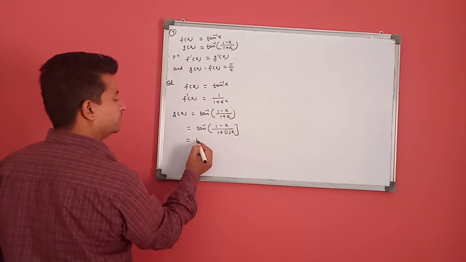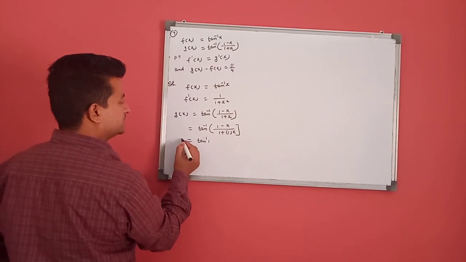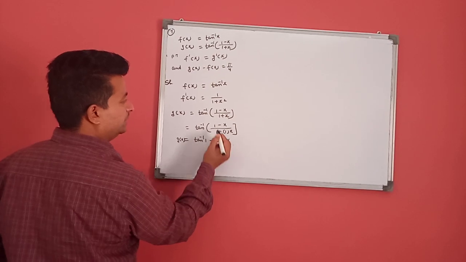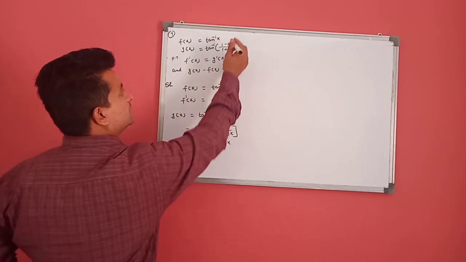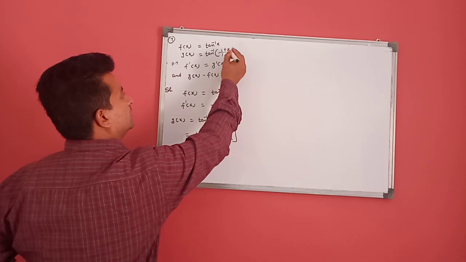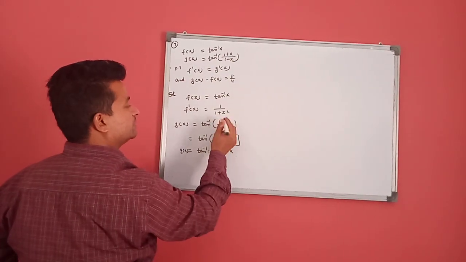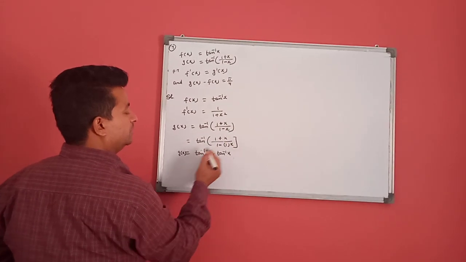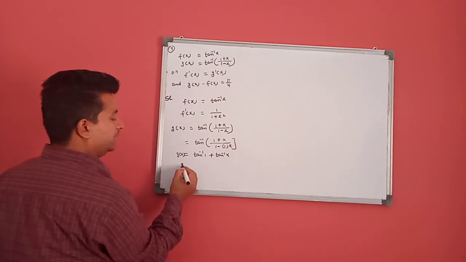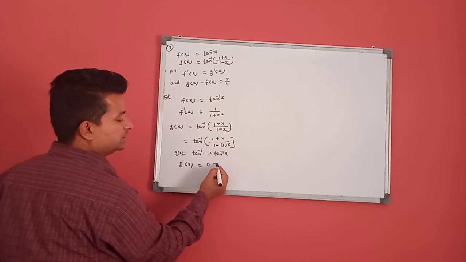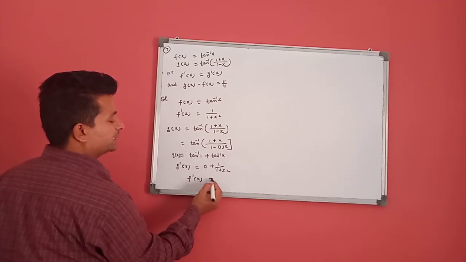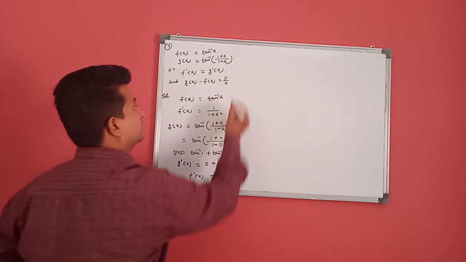So this is the formula again, tan⁻¹A minus tan⁻¹B. So I think in this question there is plus 1, there is minus. So first we correct this statement. This is plus, this is minus. This is the formula of tan⁻¹A plus tan⁻¹B. So it's 0, its derivative is 1 upon 1 plus x². So f'(x) is equal to g'(x). This is the first part.